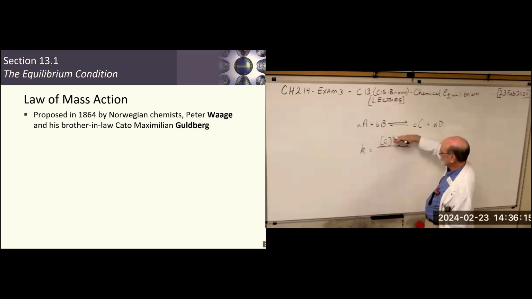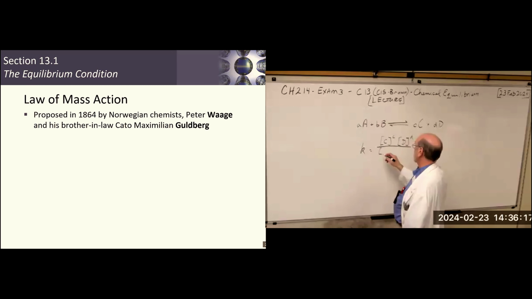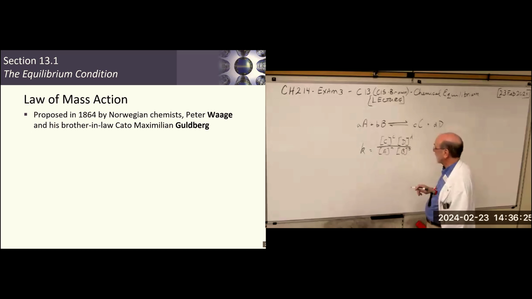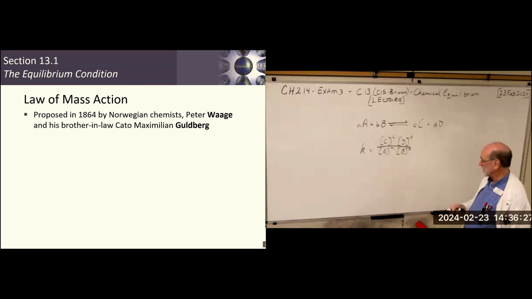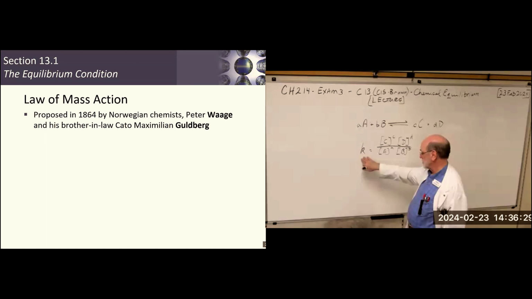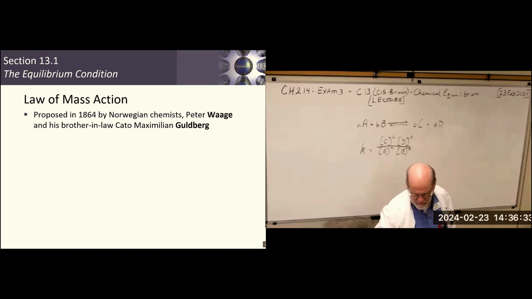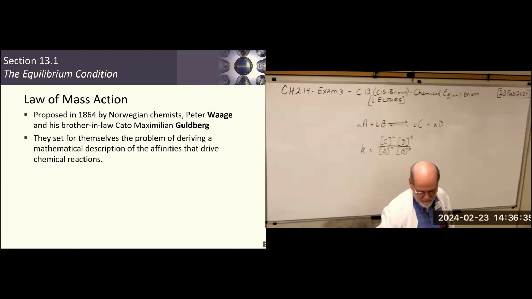So the products are in the numerator and the reactants are in the denominator. Like that. Now that's a different K value. Maybe I should write it differently than the rate law k.